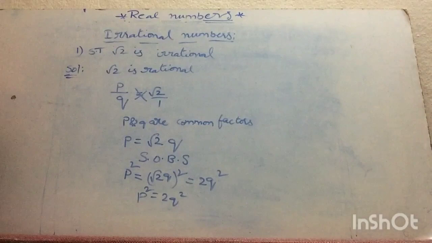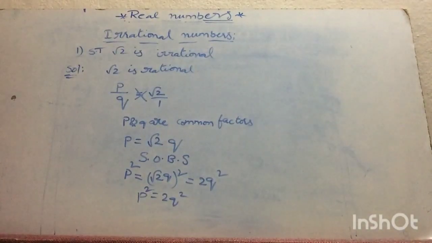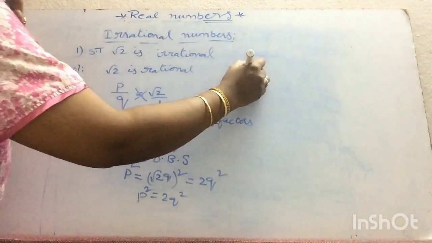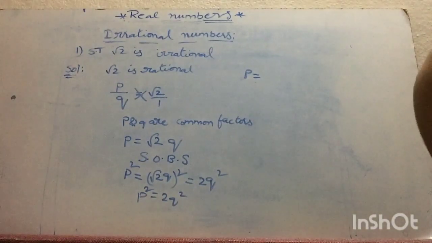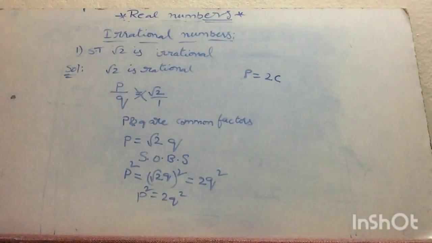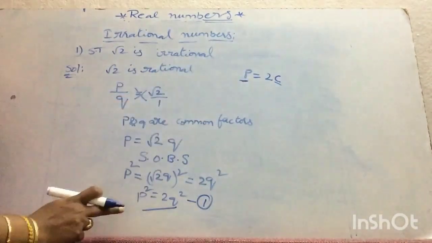Already we know the theorem: if P divides A square, then P divides A. On the basis of that theorem, here 2 divides P square, so it also divides P. So we write P equal to 2C for some integer C. Substitute the value of P in equation 1.